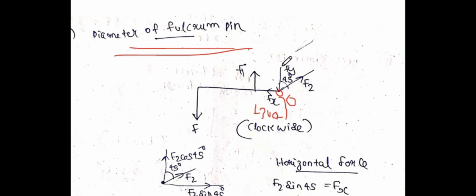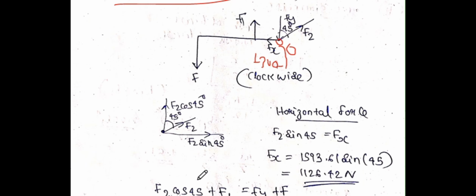There will be an Fy and Fx component on the fulcrum, and there's already F1 and F2 here. And this F is the general F, I mean the force applied on the lever. So all I have to do is just split into components and apply the force equilibrium. This is the detailed component diagram of the hinge, fulcrum point O.